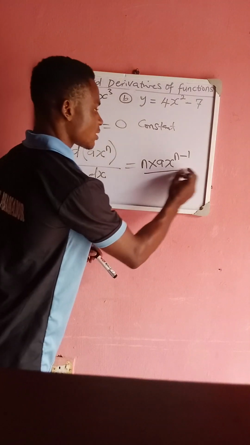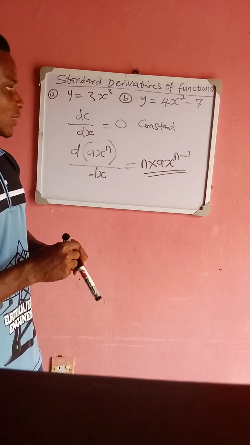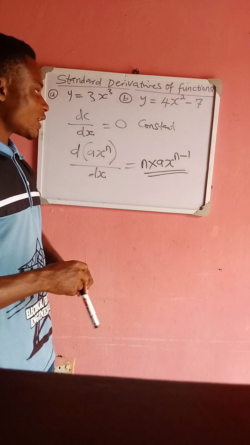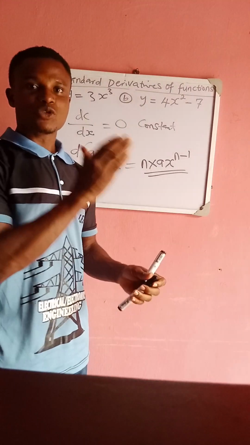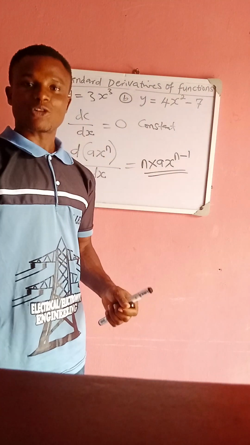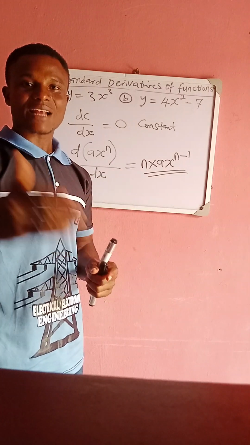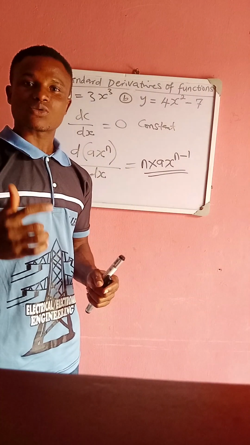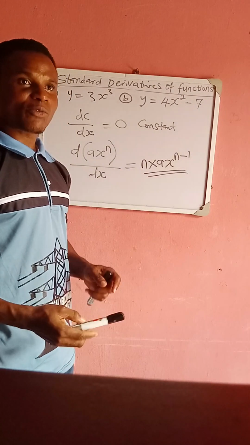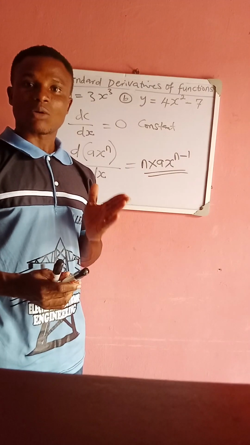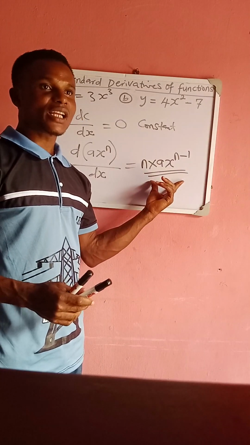This is always what you will use in order to differentiate that function. You do it in each of the functions. Any constant you meet in that function is always equal to 0, and any function that is not a constant is always differentiated using this.